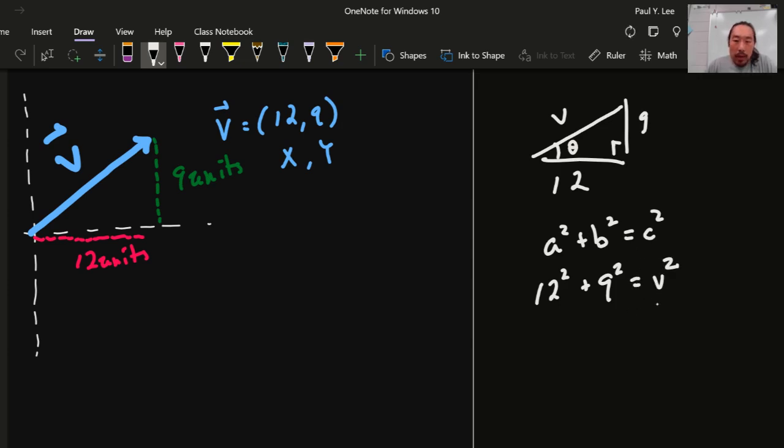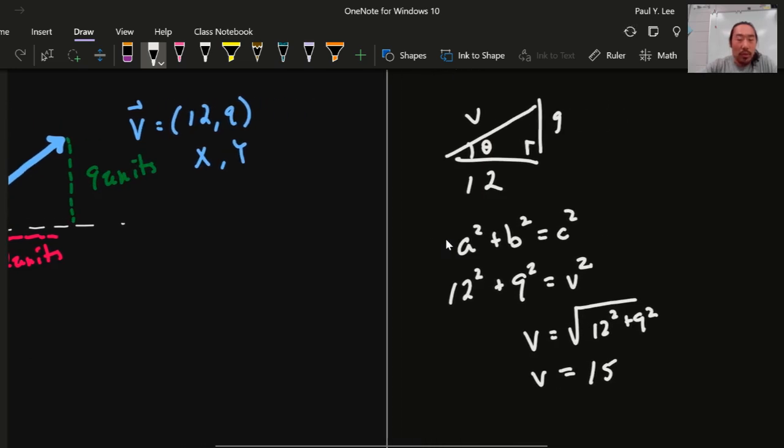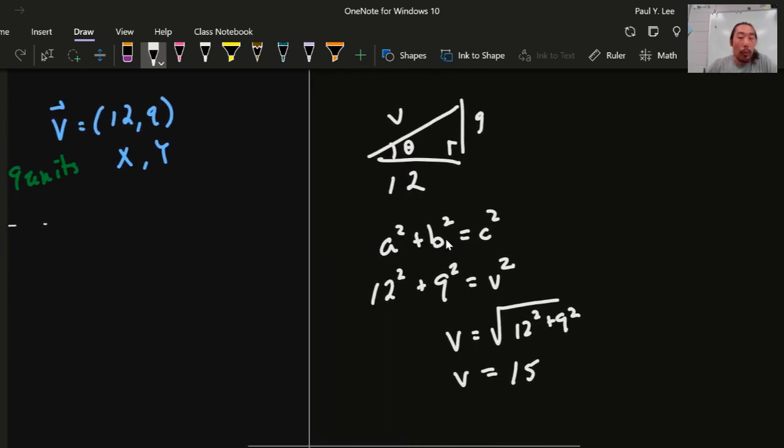And we can see using some algebra, we got 12 squared plus 9 squared, and we get the answer of, let's see, so this would be 15? Yeah, there we go, right? So you could probably put that into the calculator and figure that out, but we have the vector, and that's the magnitude of 15.